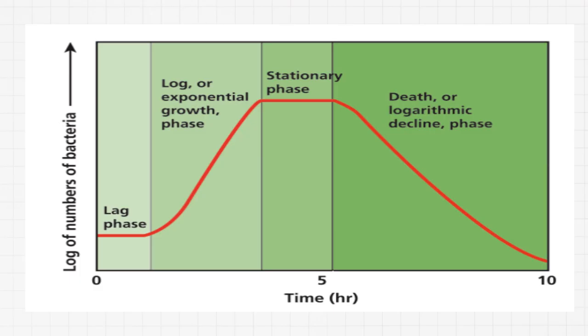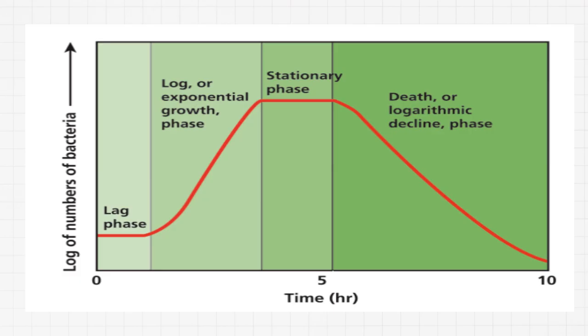However, as nutrients begin to decrease and waste products accumulate, the growth rate starts to slow down. At this point, the culture reaches a balance, leading to the third phase. During the stationary phase, the number of living cells stays constant.